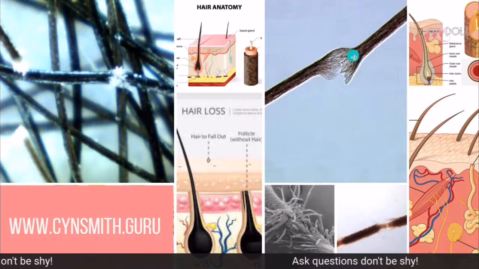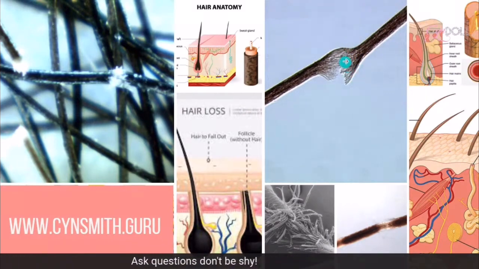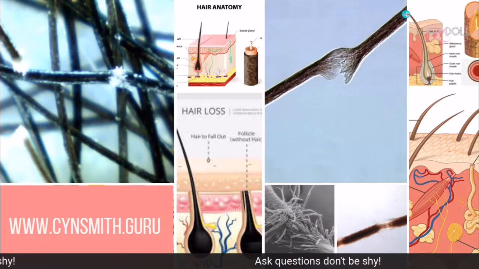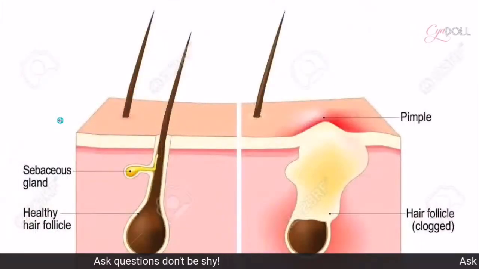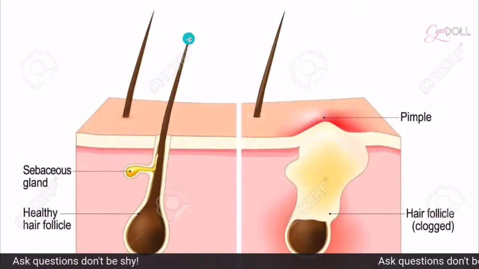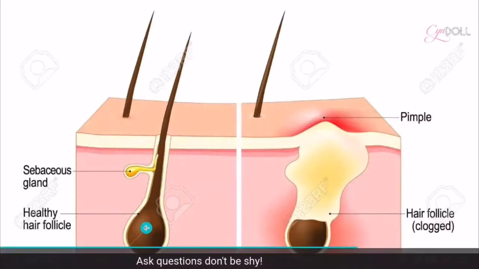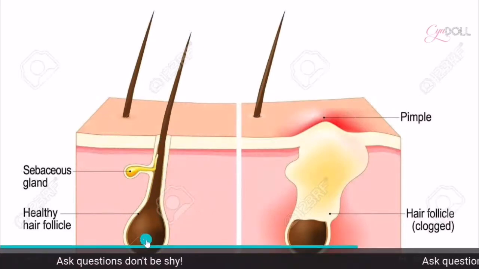If you just try to hold on and you don't cut where that split is, this is just going to keep traveling up the hair shaft. Once it gets to the root, it is going to start breaking within the root. Look, it's still attached. If your hair breaks here, it just continues to break until it gets to the follicle.